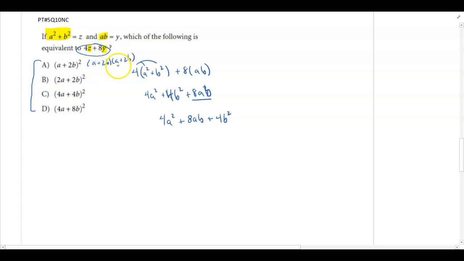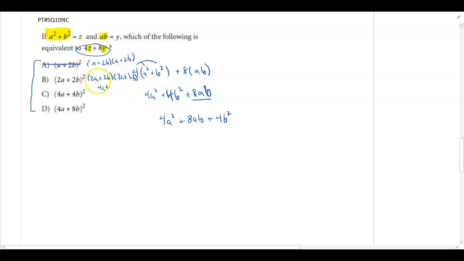A times a is a squared. Right away, you know that's not going to match up, right? If I write this out as 2a plus 2b all squared, right? Oh, sorry. 2a plus 2b times 2a plus 2b, right? 2a times 2a is 4a squared, right?